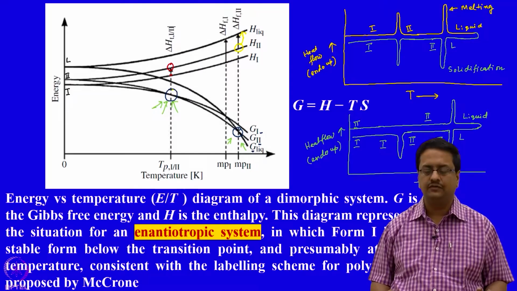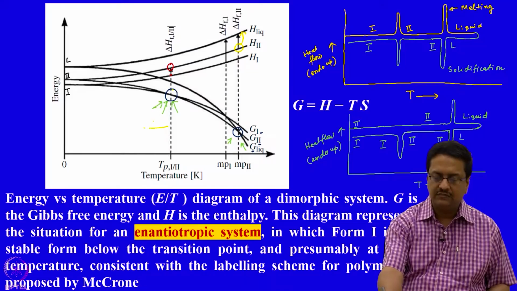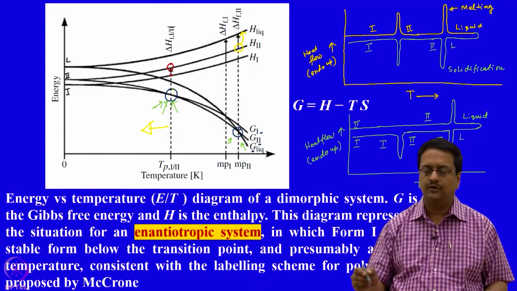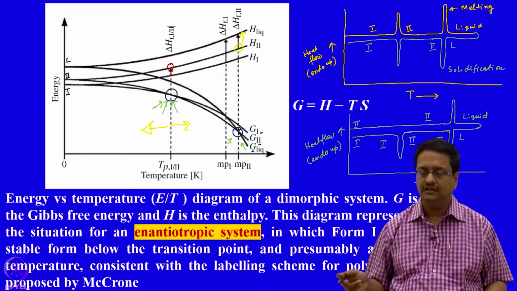If we want form 1, then we must be below this particular temperature. If we want form 2, we must be above this particular temperature to get that form in abundance.